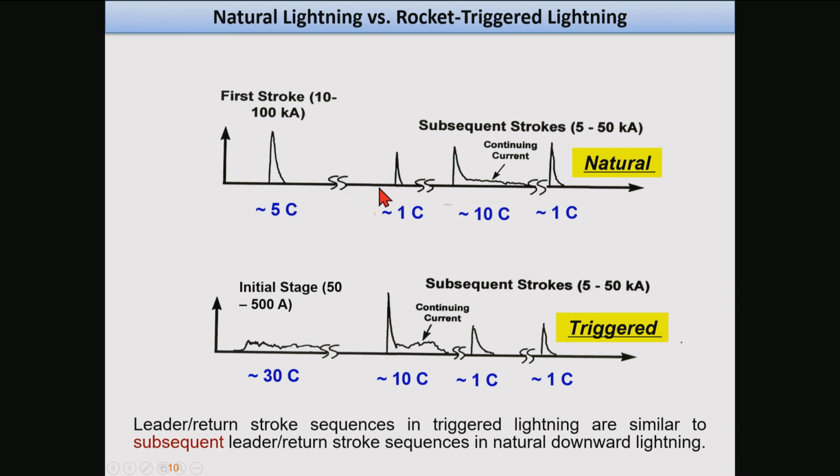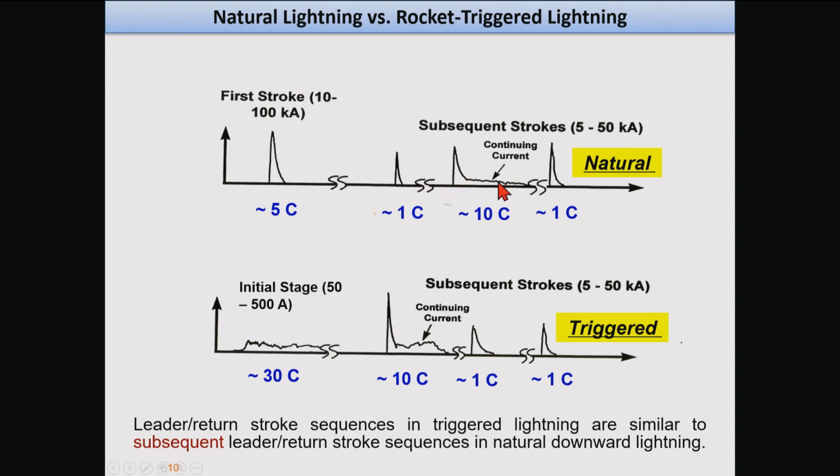Then there is an interstroke interval, and there could be one or more, typically more than one, subsequent strokes. Any stroke other than the first we call a subsequent stroke. There are three shown here just as an example, and besides the impulsive components there could be steady currents that we call continuing currents.